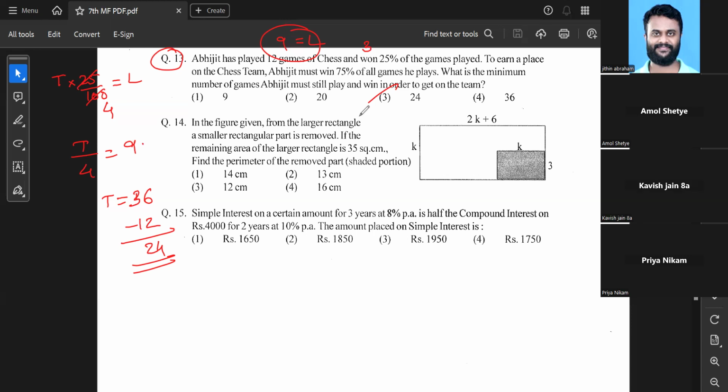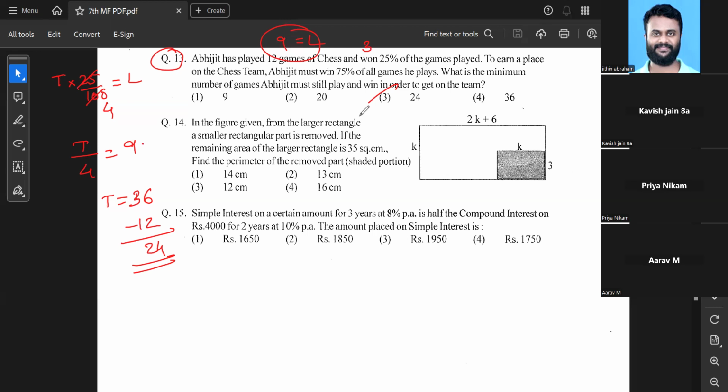I got 27, which was wrong. Can you explain once? Sure. Could we just create an equation saying 3 plus x is equal to 12 plus x into 3 by 4?